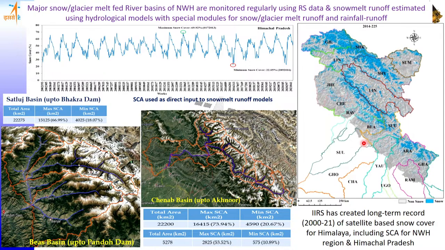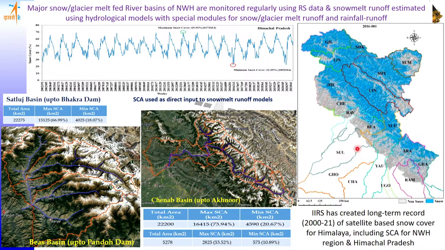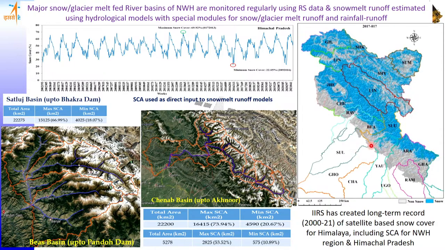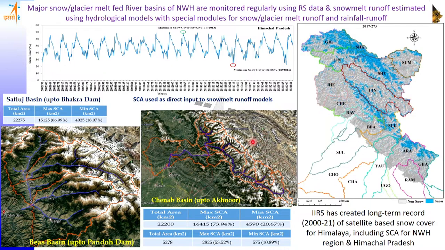the spring season. So you can see here, this is for the Himachal area, and this is the animation which has been generated using the satellite derived snow cover on weekly basis for the entire northwest Himalaya. So depending upon the relative height and the permanent glaciers, the minimum and the maximum snow cover in a given basin will vary.